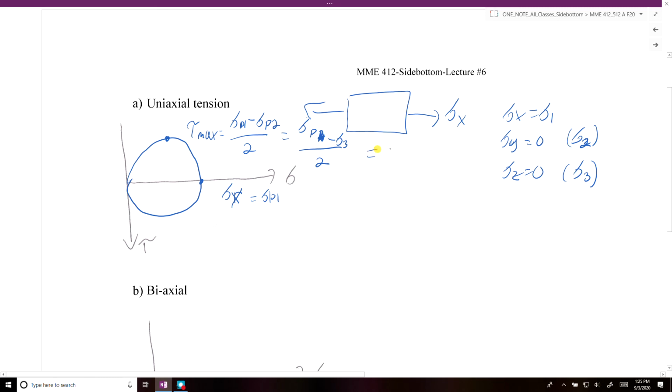So the maximum shear stress in this case is just equal to our first principal stress divided by 2.